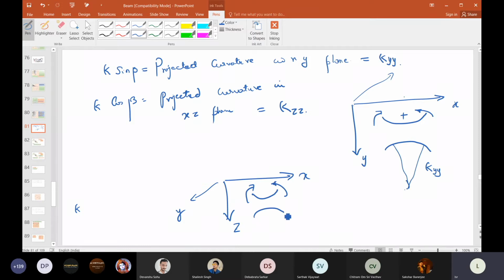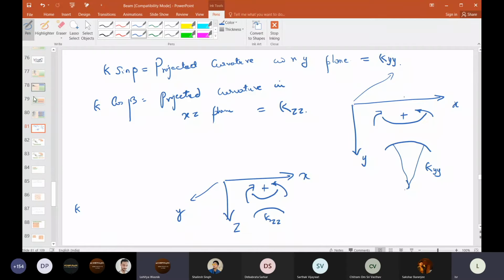The positive curvature direction will be this. So I just want to have a picture of all those things. These are positive bending moment, and this is the positive curvature. But whatever we get, we will get. Whether it is positive or negative, it hardly matters to us.